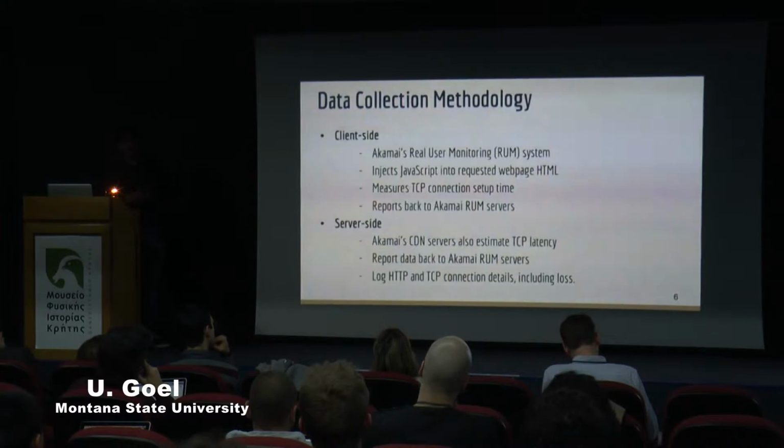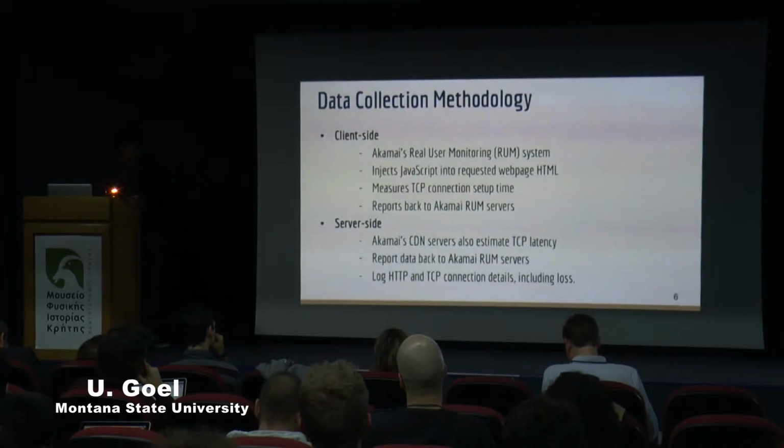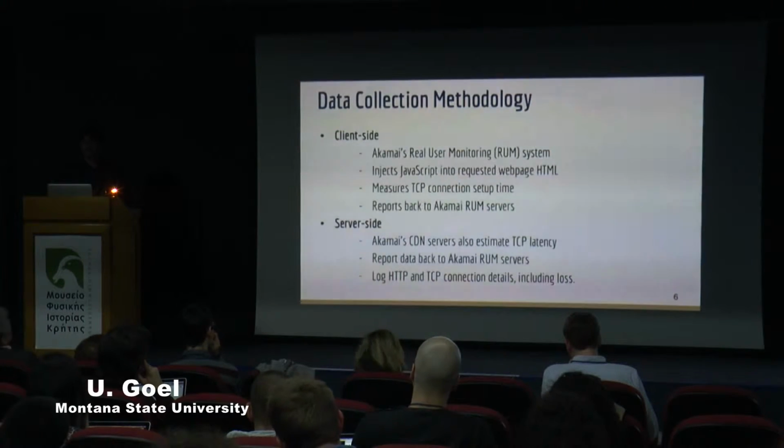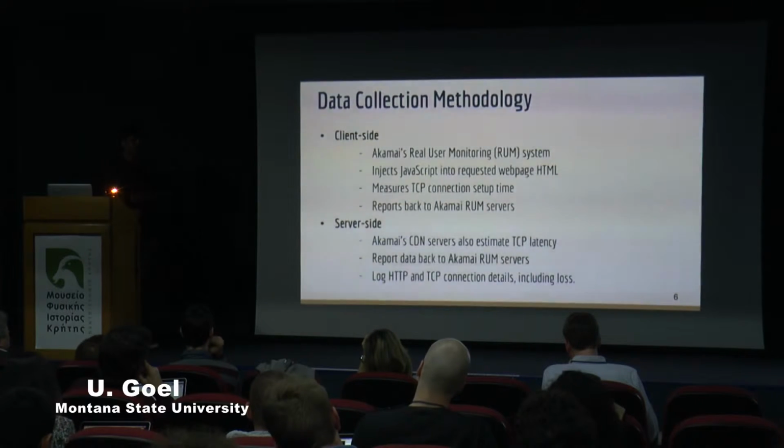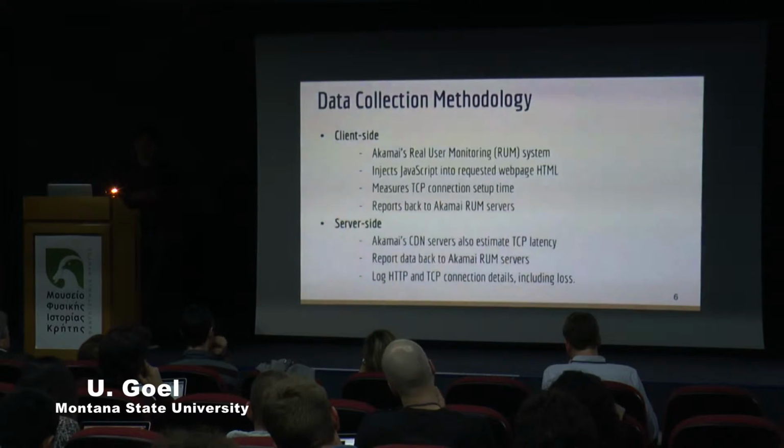This data is then reported back to Akamai by the same JavaScript. On the server side, Akamai collects TCP logs and HTTP logs. We use these logs to find Akamai's interpretation of packet loss, as well as some parameters in the TCP SYN, for example initial congestion window size or maximum segment size, as well as loss related data.